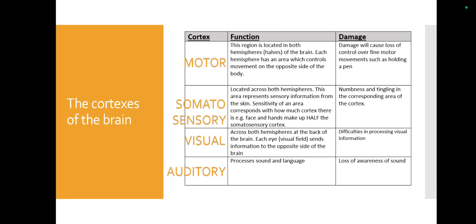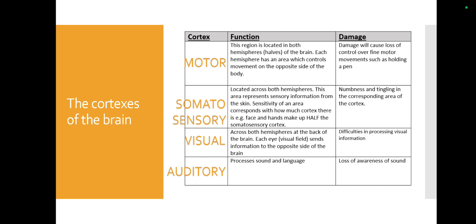And it's interesting as well to note, if you want to highlight this, that the sensitivity of an area of the body corresponds to how much cortex or grey matter exists within that region. So your hands, your face, your genitalia are some of the most sensitive regions of your body, and that's because they make up almost half of that strip of your brain across the centre.